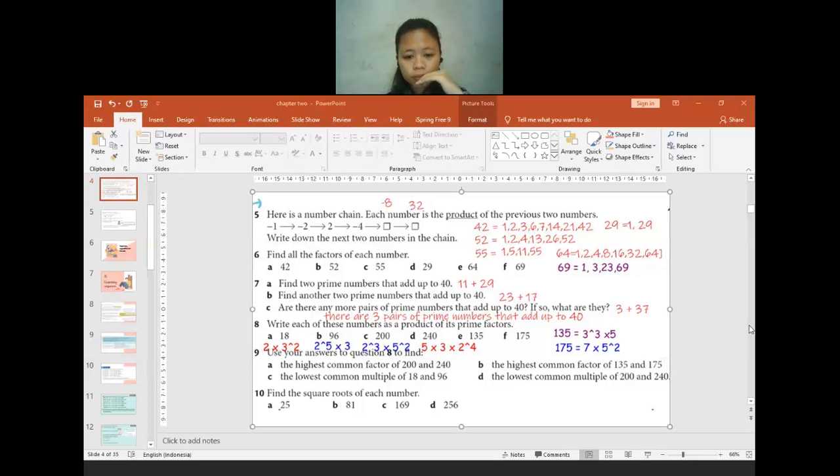Okay. Highest common factor of 200 and 240. It will not be 27 because 27 is not a factor of 200, and 27 is not a factor of 240 either. The highest common factor is the highest factor that is common to 200 and 240. 20 is too little. There is another one that is higher than 20.